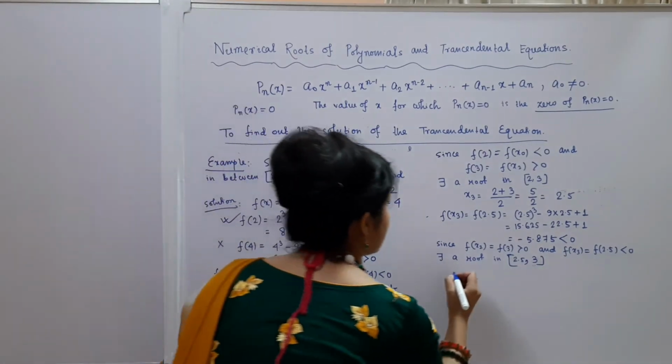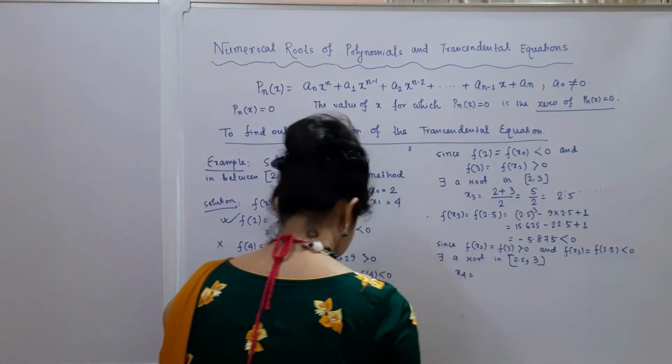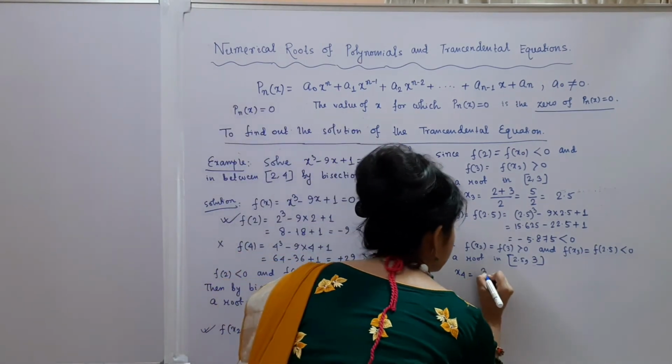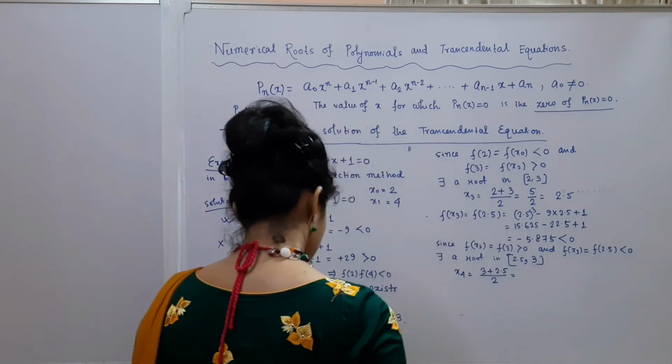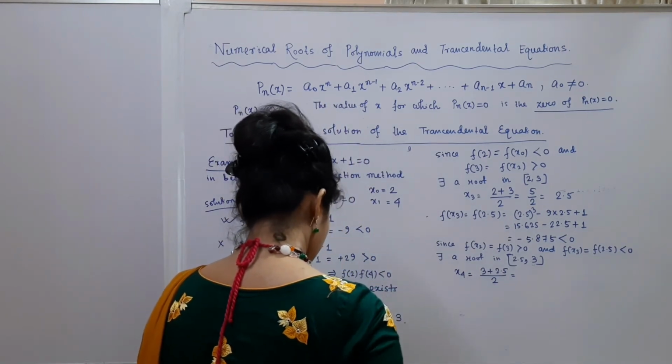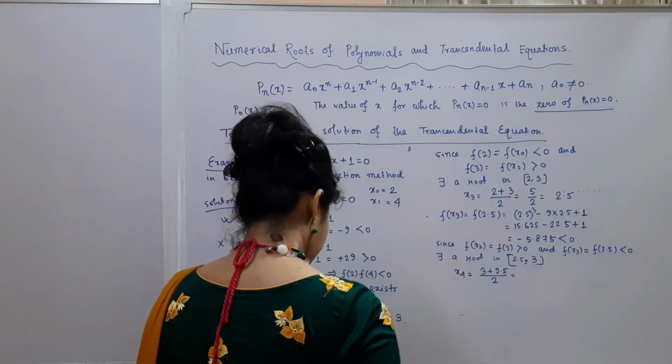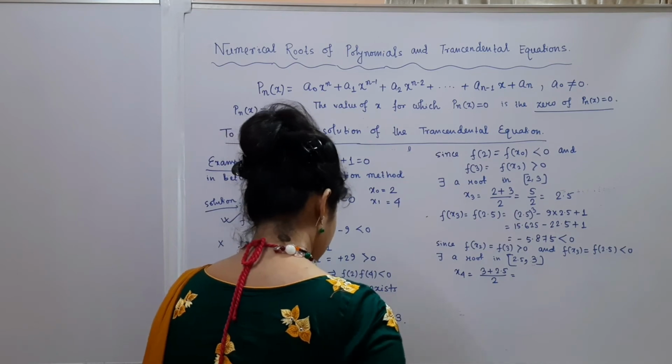This root should be x4, which is 3 plus 2.5 by 2.